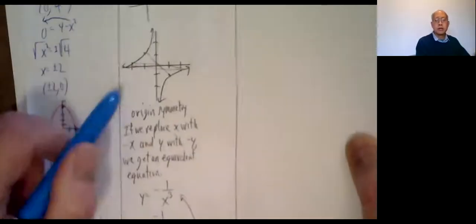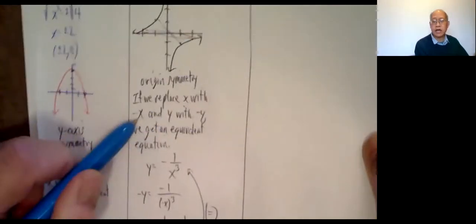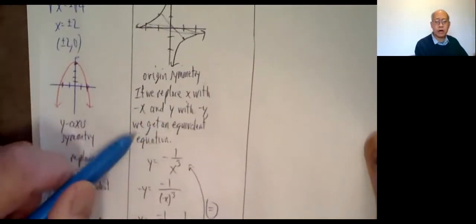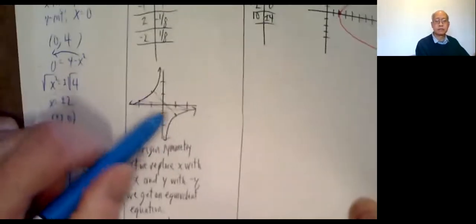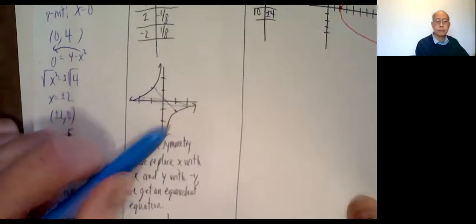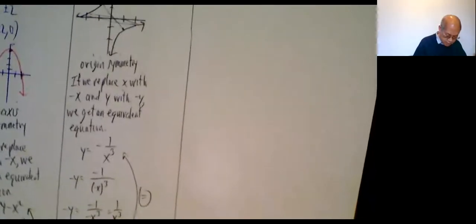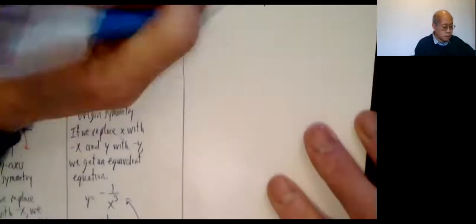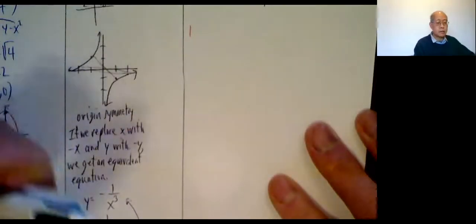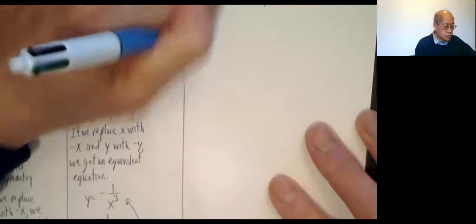Origin symmetry: if we replace x with negative x and y with negative y, we get an equivalent equation. Is there anything else? There is. I'll show you 19. And that's the last one of this type I was going to show you.